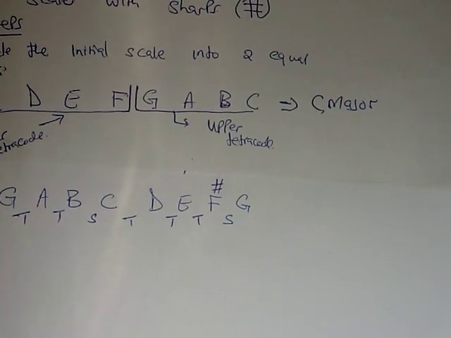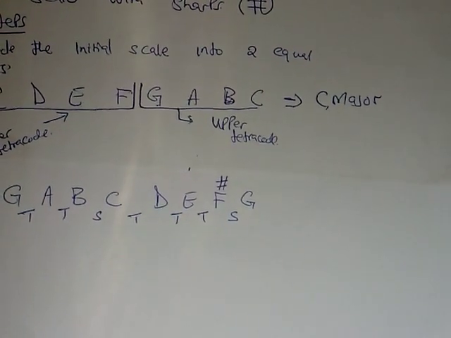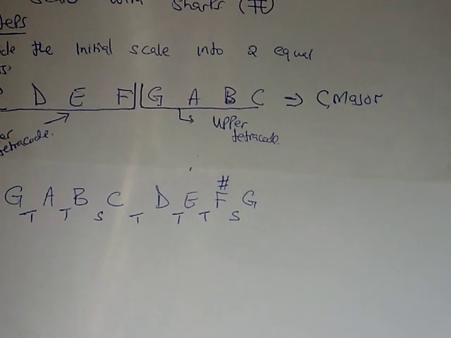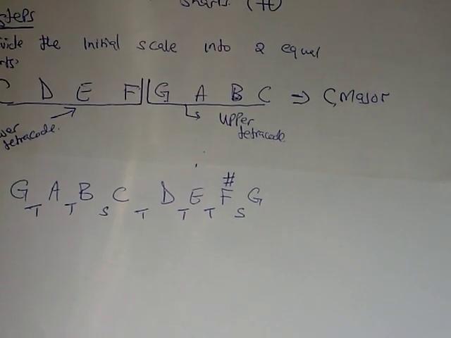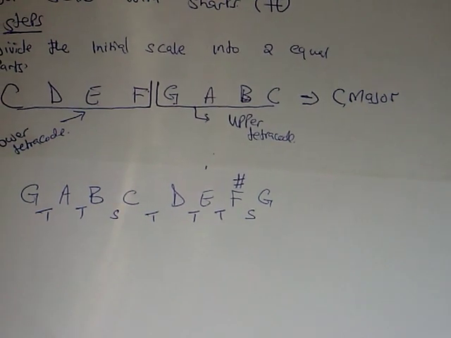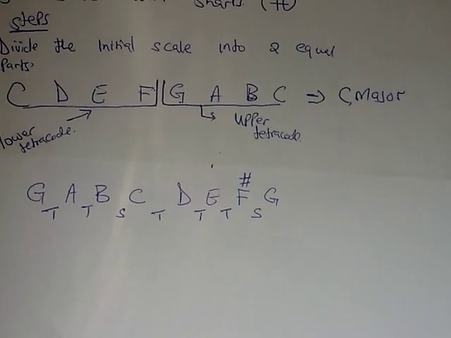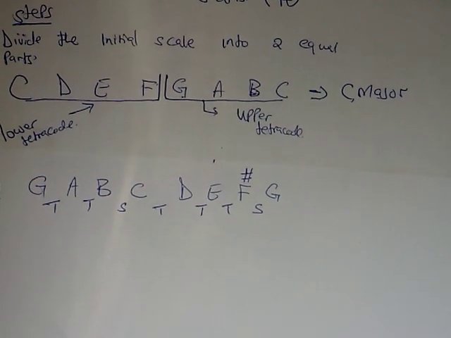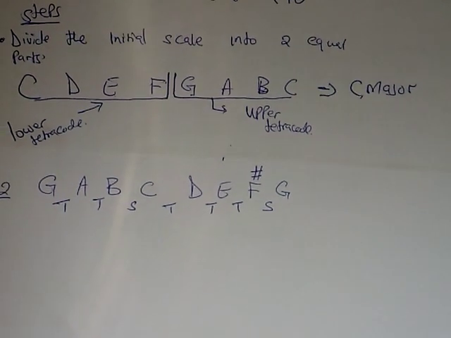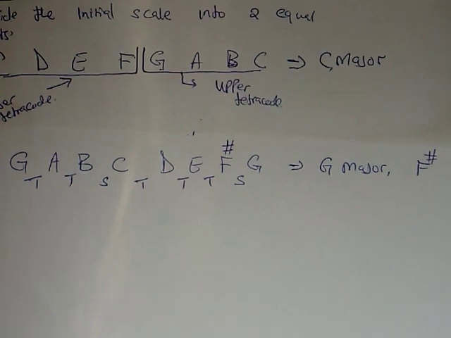So from scale C major, which doesn't have any sharps or flats, we go to scale number 2, which follows immediately. It has one sharp, and that is the scale of G. It will be called G major, and it has one sharp, that is F sharp.